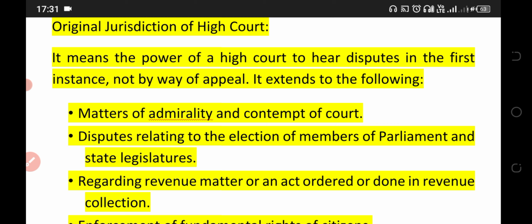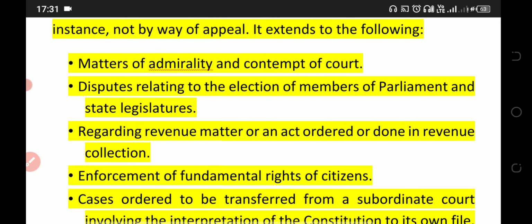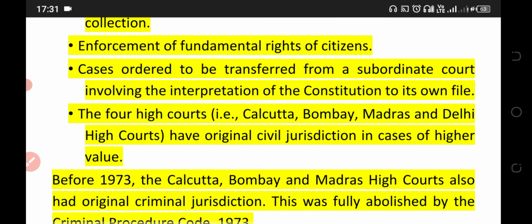Matters of admiralty and contempt of court. Disputes relating to the election of the members of the Parliament and the state legislature. Revenue matters or an order or act done in revenue collection. Enforcement of the fundamental rights of citizens.